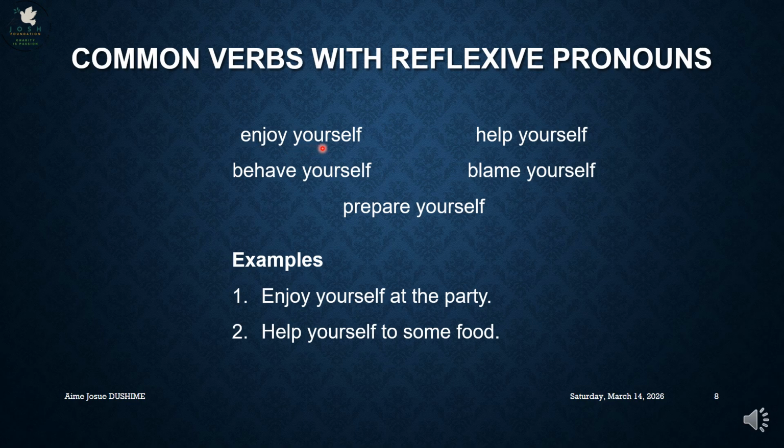Enjoy yourself is to do something to be happy, to feel free. Don't feel like you are new to a place. Just feel free and relax. Example: enjoy yourself at the party means feel free at the party. Help yourself to some food. Like, okay, you go and serve yourself. Don't fear. Just go and serve yourself.